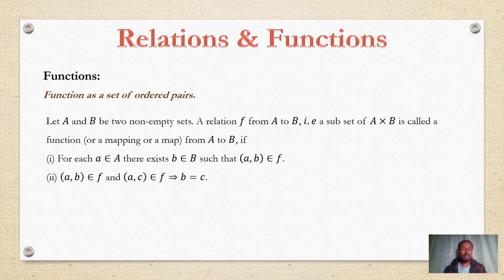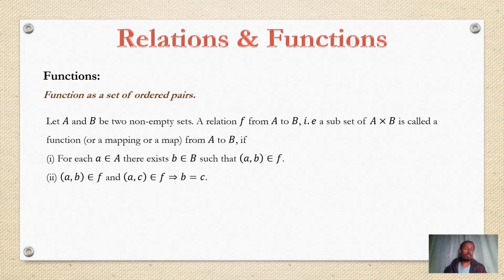Function as a set of ordered pairs. Let A and B be non-empty sets, and a relation f from A to B, which means a subset of A times B, is called a function if it meets the following preconditions.